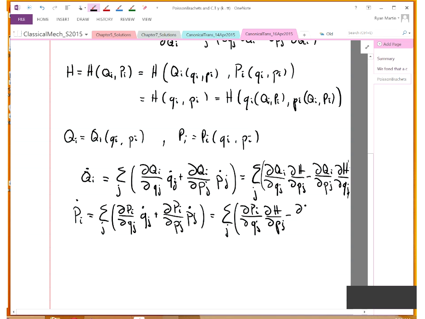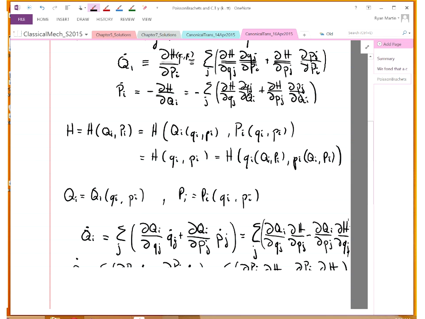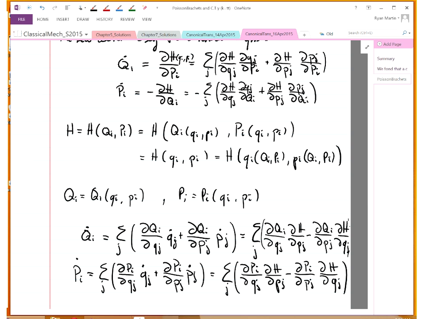So I have ∂Pi/∂qj, and in qj dot I replace by ∂H/∂pj. And the second term is going to be a minus sign. Then it's ∂Pi/∂pj, and then pj dot from the canonical equation, that's ∂H/∂qj with a minus sign, which I already put in. Okay?